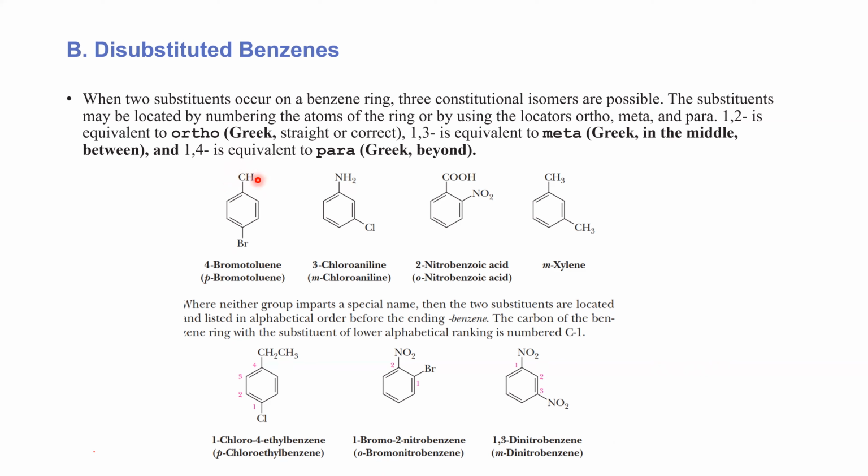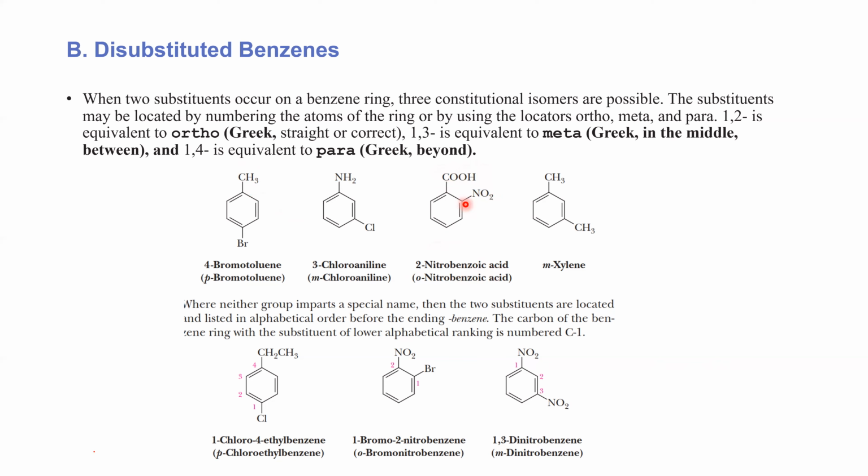Any of the major functionalities that has been assigned a special name, you can take as the reference at the first position, and the second position will be ortho. Like in this case, this is a nitro, and this carboxylic acid is our main one, so this is benzoic acid, right?